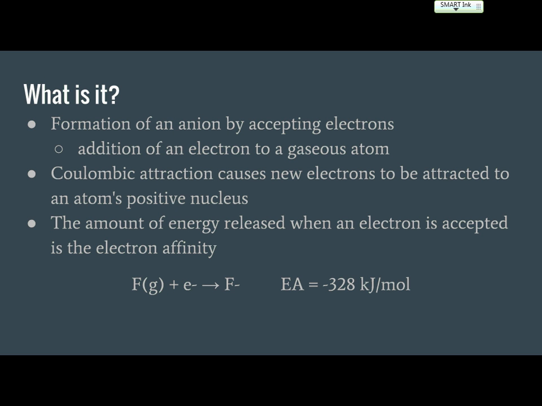So they release energy whenever an electron is gained by the atom. Electron affinity is when an electron adds on to a gaseous atom, and so it makes an anion. Here's an example of that. The units are kilojoules per mole.